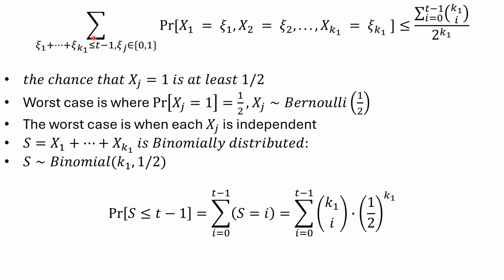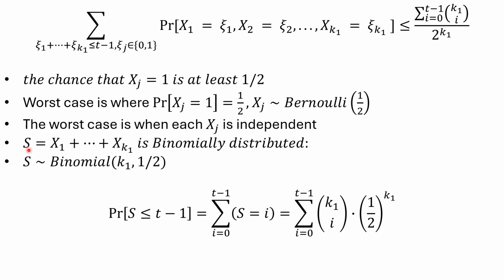We took the second step, and we're going to prove it right here. The chance that xj is equal to 1 is at least half. The worst case is where the probability that xj equals 1 is half, because we try to make them dependent. So xj is Bernoulli with probability half. The worst case is when each xj is independent.